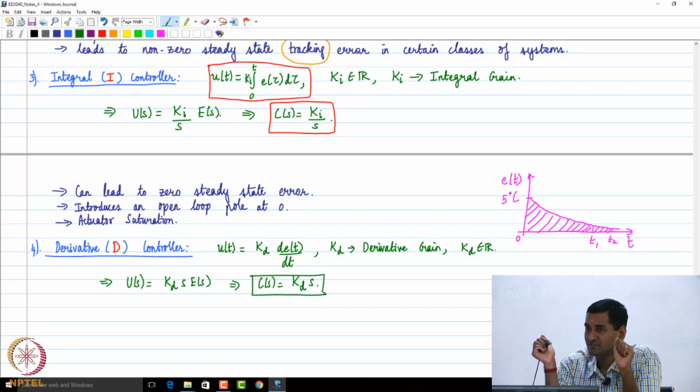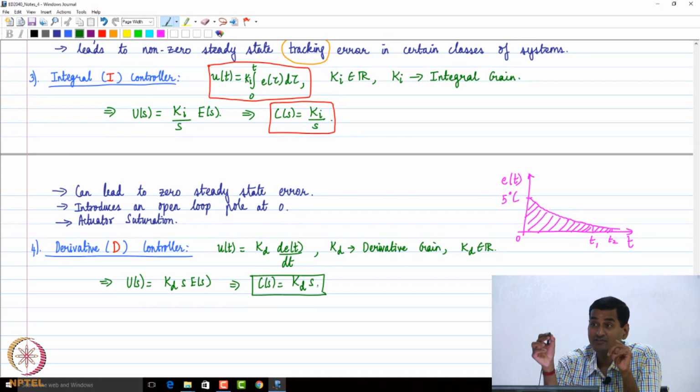What is a proper transfer function? The order of the denominator must be greater than or equal to the order of the numerator. Here the order of the numerator is 1 and the order of the denominator is 0, so this is not proper. But when you put it together, we want the open loop transfer function to be proper. That typically would work out. So that should be kept in mind.